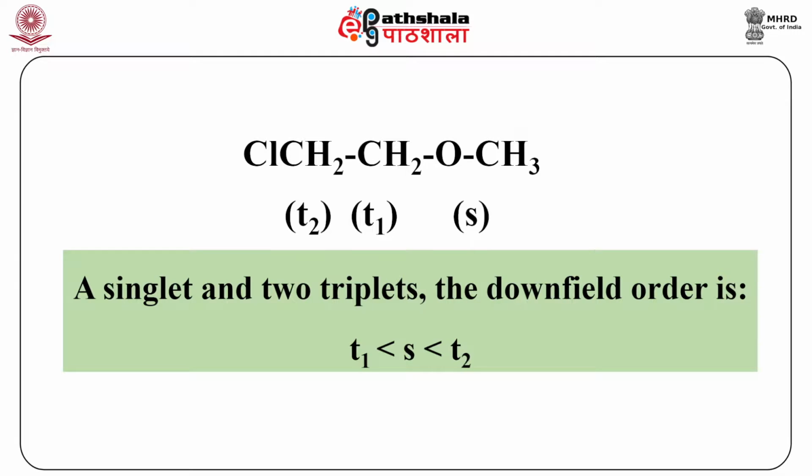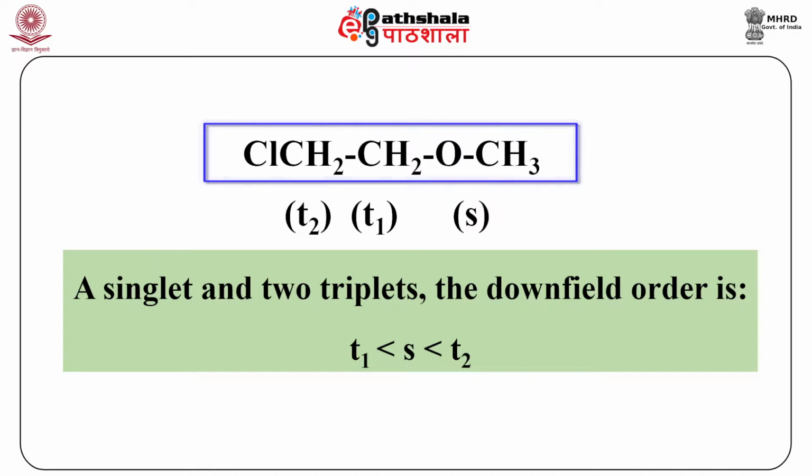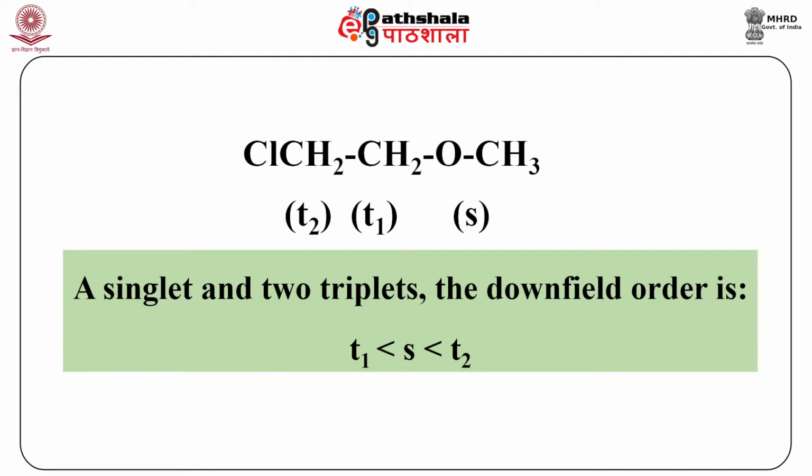If the product formation happens by the replacement of a hydrogen of the methyl of ethyl, then you get ClCH2CH2OCH3, and in this case there will be a singlet and two triplets. The singlet will be for this particular methyl, and the two triplets will be T1 for this CH2 and T2 for this other CH2, and their downfield order will be T1, then the singlet S, and then T2.